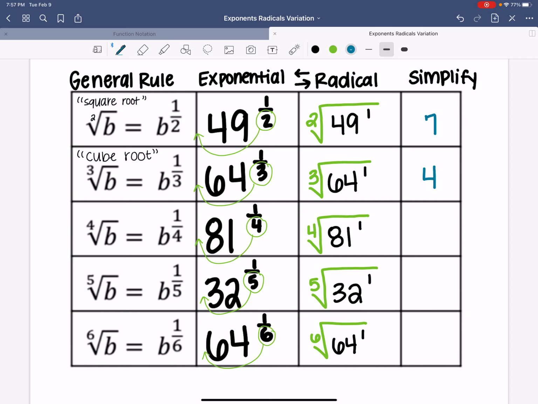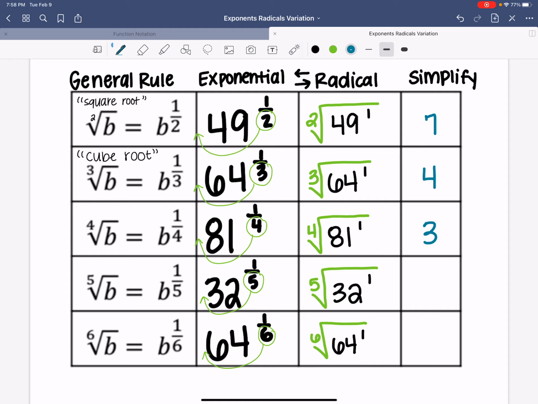Now, same thing, the 4th root of 81. Well, we know 9 times 9 is 81, so let's try 3 times 3 times 3 times 3, right? Because this is 9 times 9, which is 81. So 3 is the 4th root of 81.